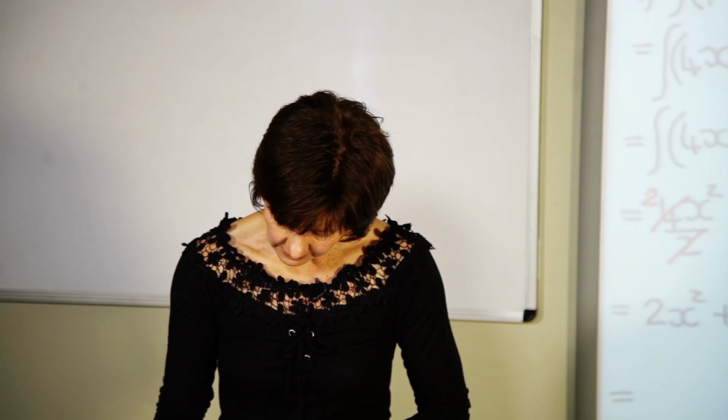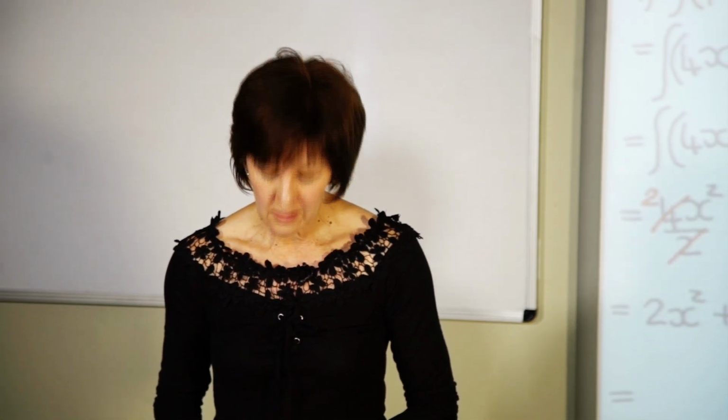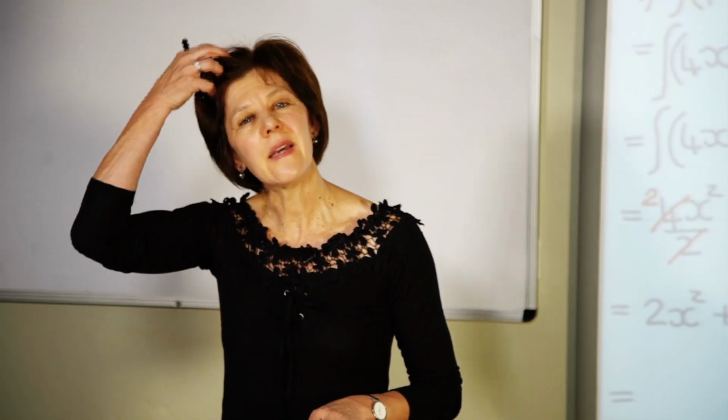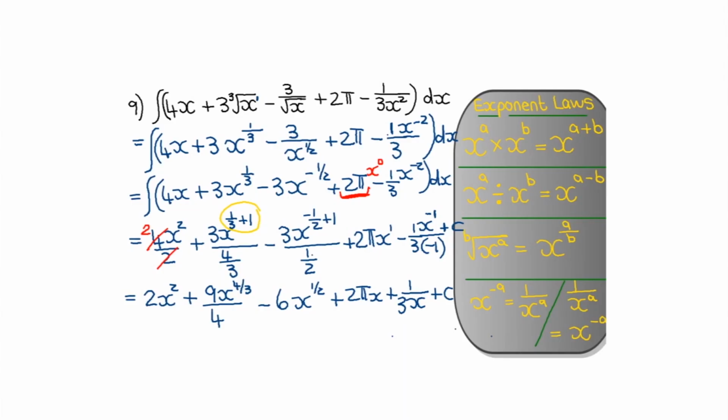No, because I see I have some exponents that are in fraction form, which means I can write them into surd form. So I still have to write them into surd form. So my final answer will be 2x squared plus 9 over 4, and I know I can write this into surd form.